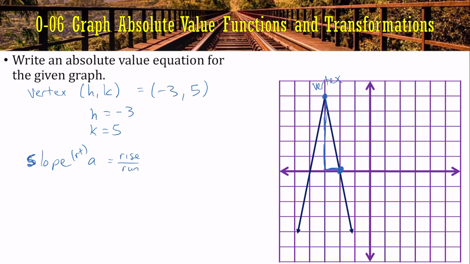Or you could plug in the 2 points. You could call this negative 2, 0. And we could say it's 0 minus 5 over negative 2 minus negative 3. Either way, you end up with negative 5 over 1 or negative 5.